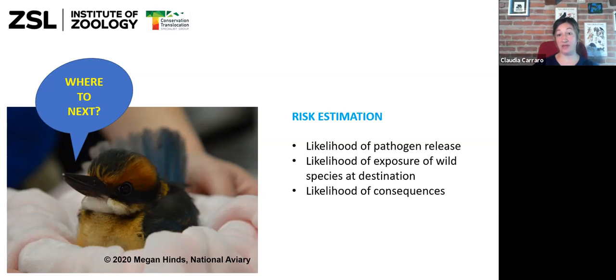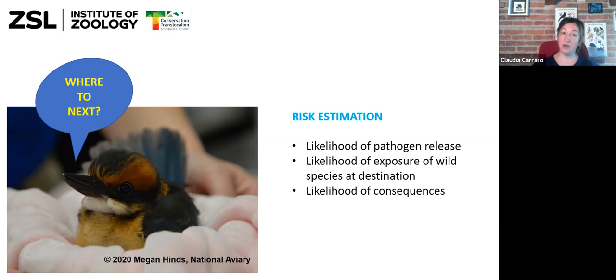And in the event of this occurring, what is the likelihood of other species at destination being exposed to and becoming infected with a novel pathogen released by the Sihek? And if this occurs, what is the likelihood of significant biological, environmental, and economic consequences occurring?